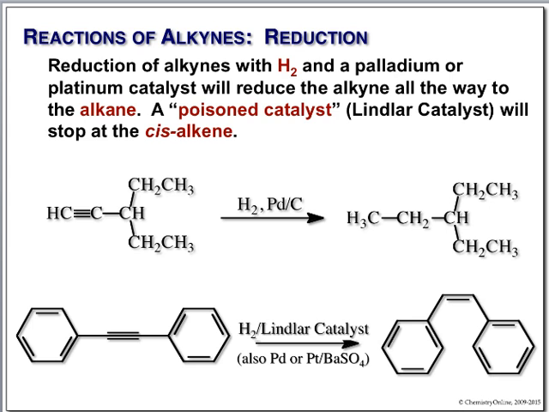The catalyst that you use is actually called a Lindlar catalyst. That's some guy's name, developed it. So you'll either see this as platinum or palladium on barium sulfate, or simply Lindlar catalyst. Once again, this gives us a cis alkene.